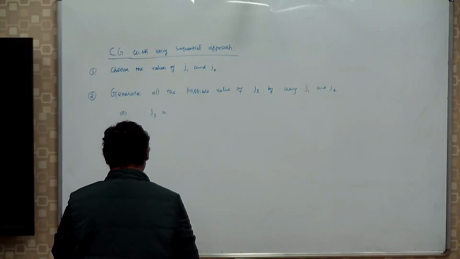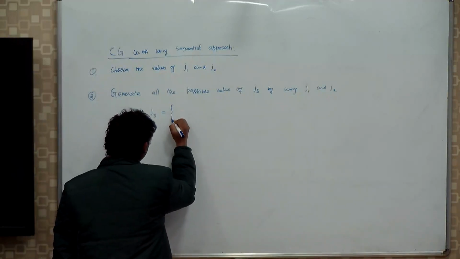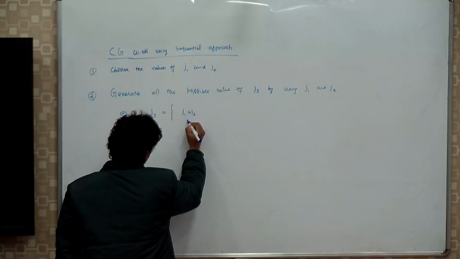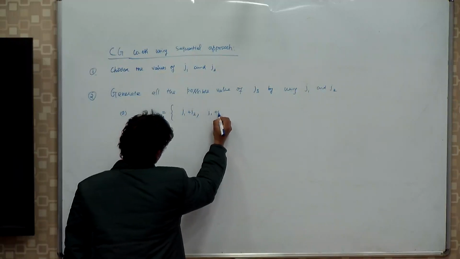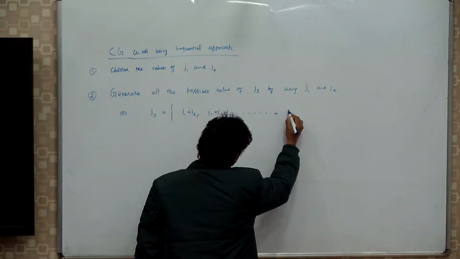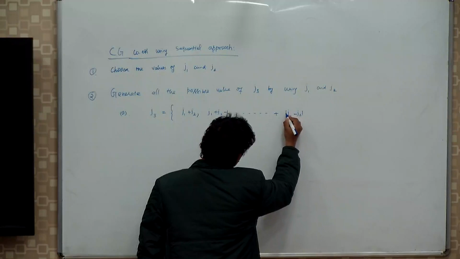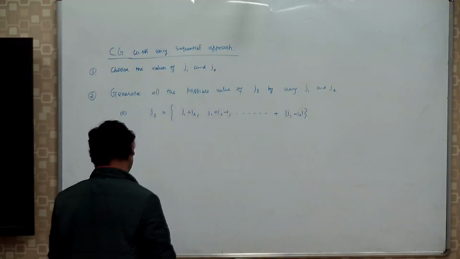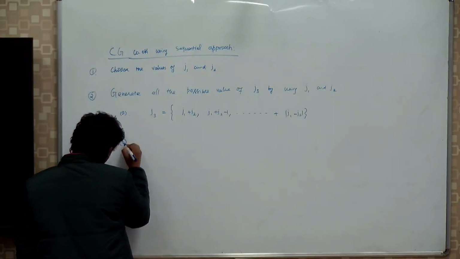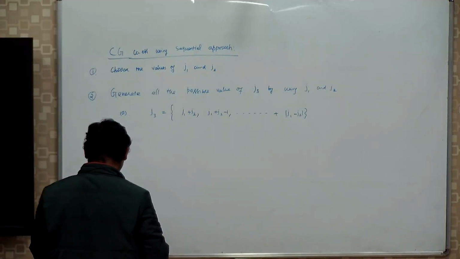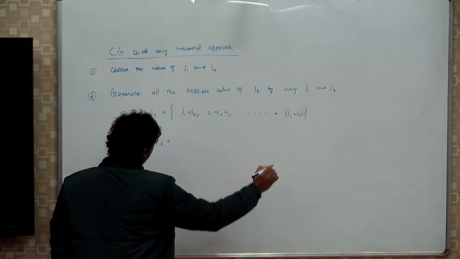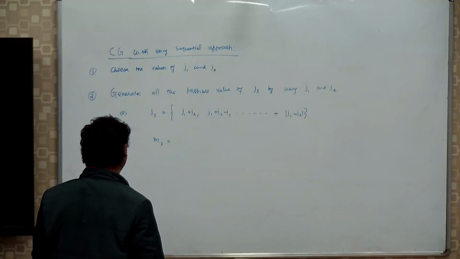So the set of values is j1 plus j2, j1 plus j2 minus 1, and it goes until the modulus of j1 minus j2. Then coming to the second selection rule, which is the m3 value, we have to list out all the possible values of m3.